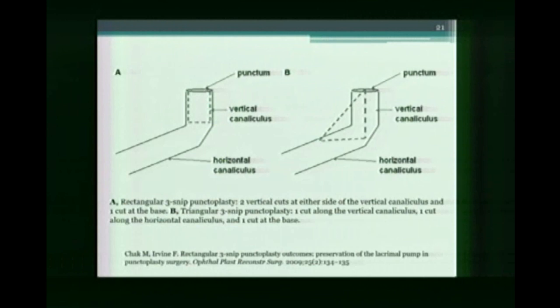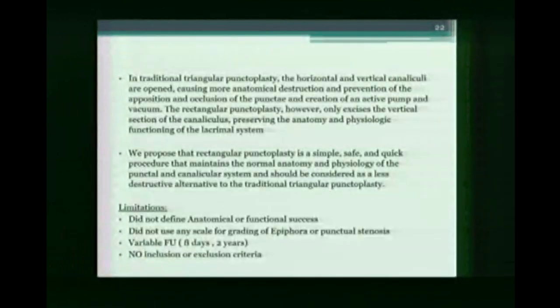Of course, you can see here that the horizontal canaliculus is not touched. So, in traditional triangular punctoplasty, the vertical canaliculi are opened, which causes more anatomical destruction and prevention of the apposition and occlusion of the puncti, and then interference with the active pump mechanism. However, in the rectangular punctoplasty, the anatomy is more preserved and the physiology is more intact.